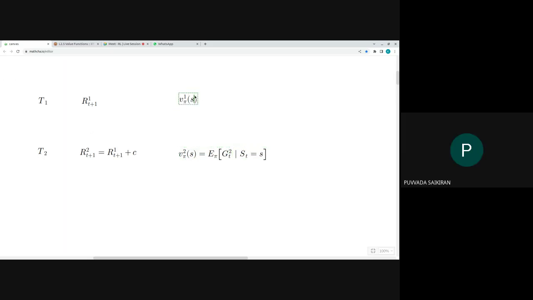And this is the expectation of the return in task 1, starting from the same state. Now this means that if we can somehow relate G_t2 and G_t1, we are done.